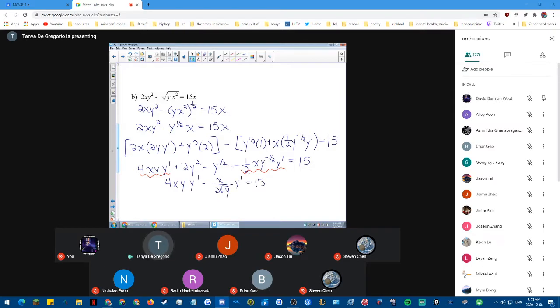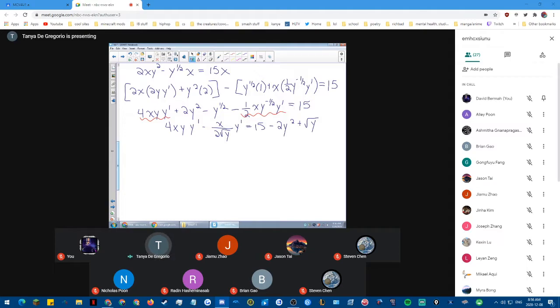So 15 minus 2y squared plus root y. Now I factor out that y prime. And now we divide.